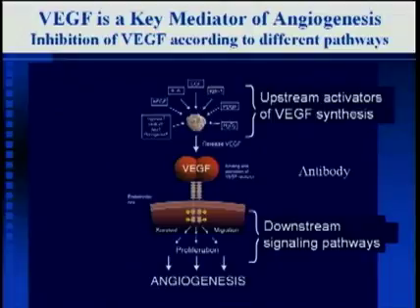Concerning the major mediator of angiogenesis, the vascular endothelial growth factor, you could stop it in different ways, using upstream activators or antibodies such as Avastin, or with the downstream pathway.